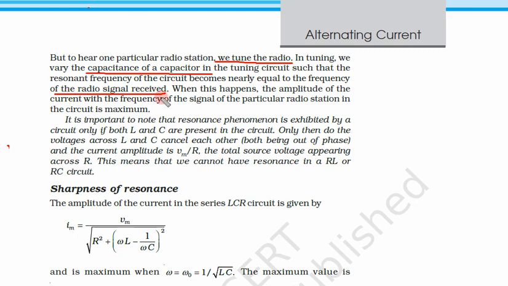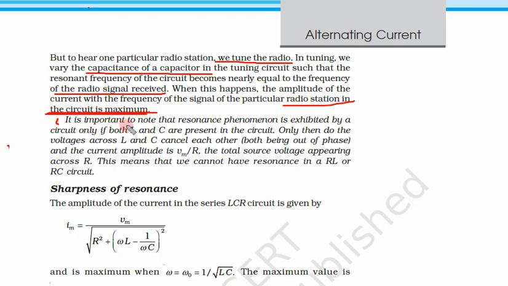So we are getting all the frequencies, but when the capacitance is such that the internal frequency of the radio becomes equal to the signal received, resonance will happen and we get that particular radio station with its maximum current. So we can hear that.